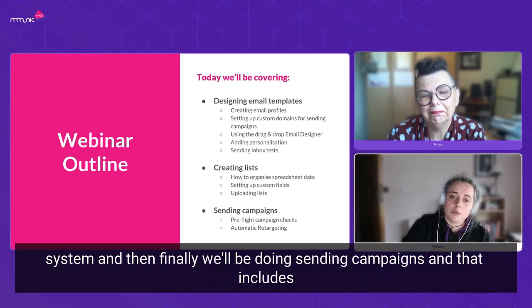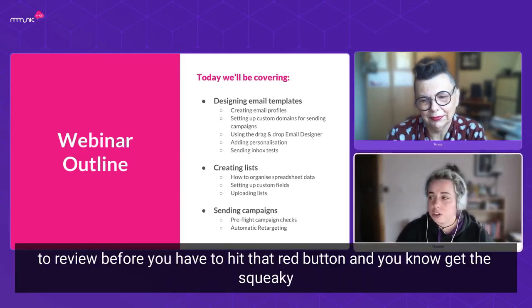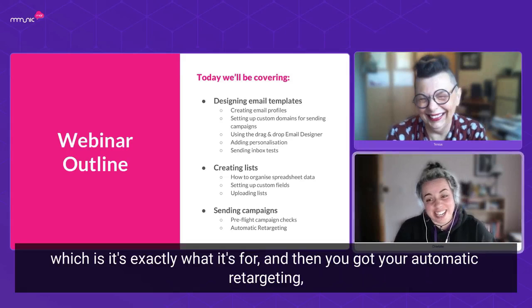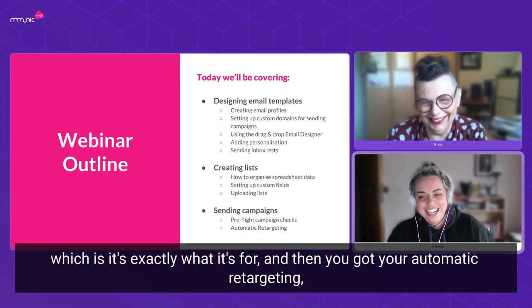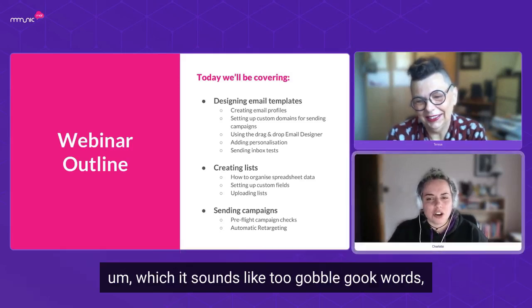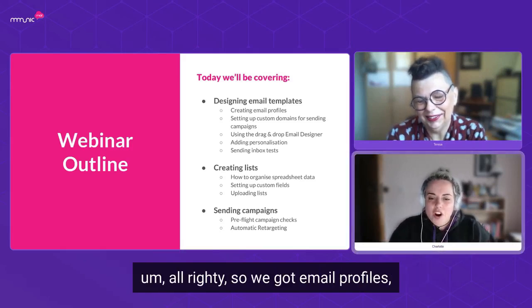And finally, sending campaigns, and that includes pre-flight checks. Pre-flight basically means everything that you want to review before you hit that red button and get the squeaky feeling in your pants, which is exactly what it's for. And then you've got your automatic retargeting, which sounds like 2 gobbledygook words, but they will make sense when we come to them.